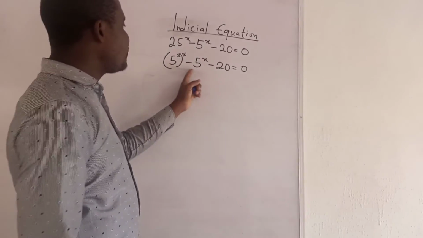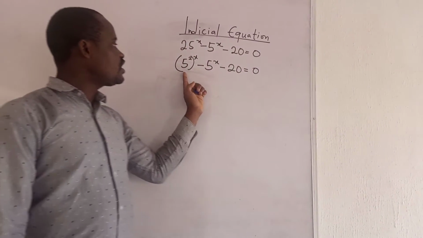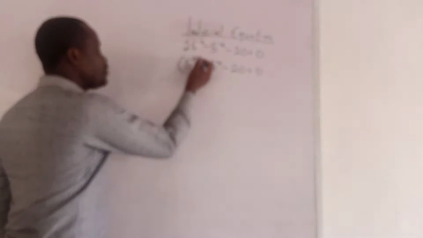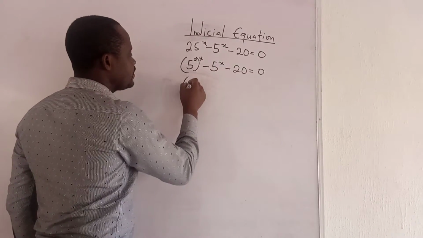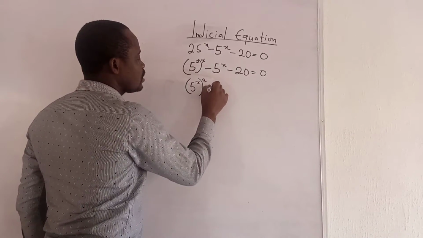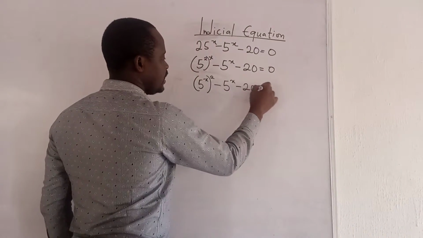Now, what comes to mind is, how can I interchange this such that it looks exactly like this? Beautiful. You agree with me that this can as well be (5^x)^2 minus 5^x minus 20 equals 0.